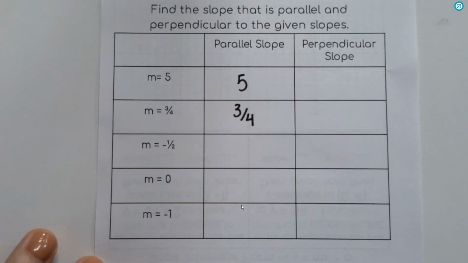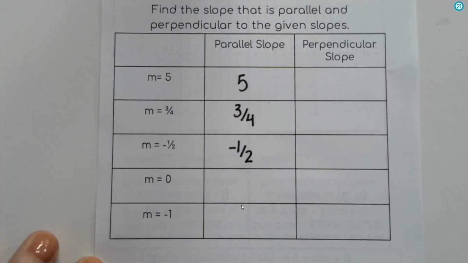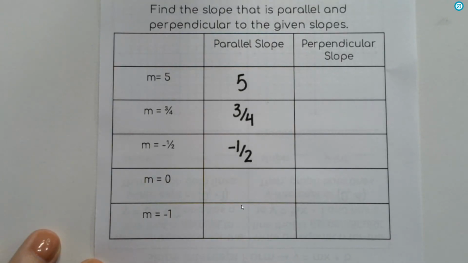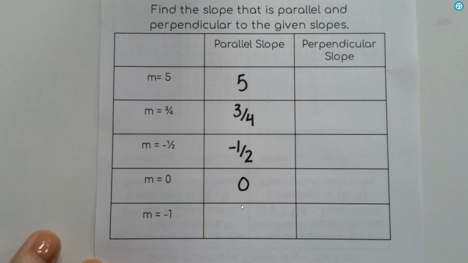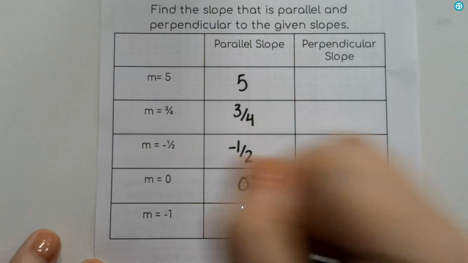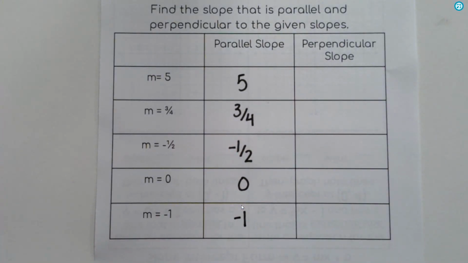A slope that's parallel to negative 1/2 is negative 1/2. A slope that's parallel to 0 is 0. And a slope that's parallel to negative 1 is negative 1. So slopes that are parallel are the exact same.